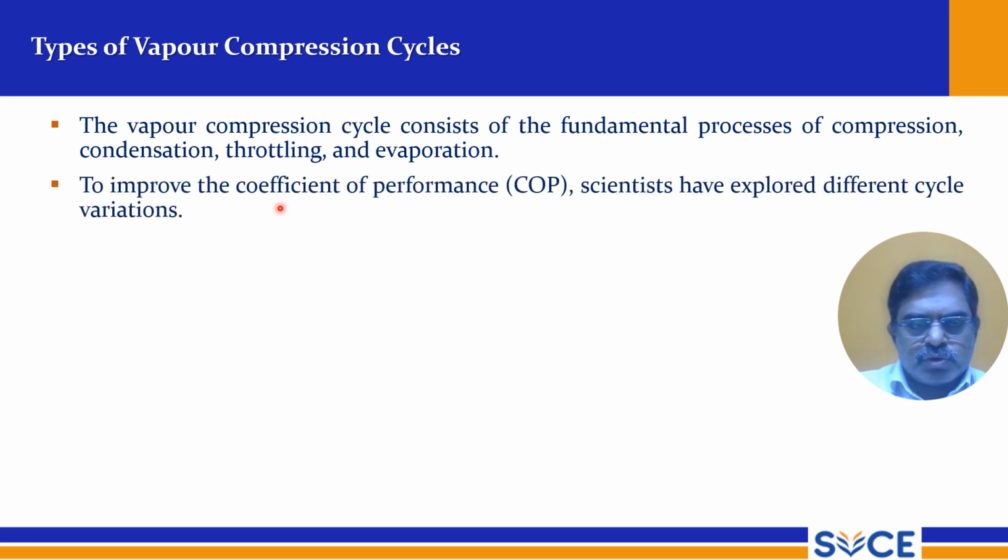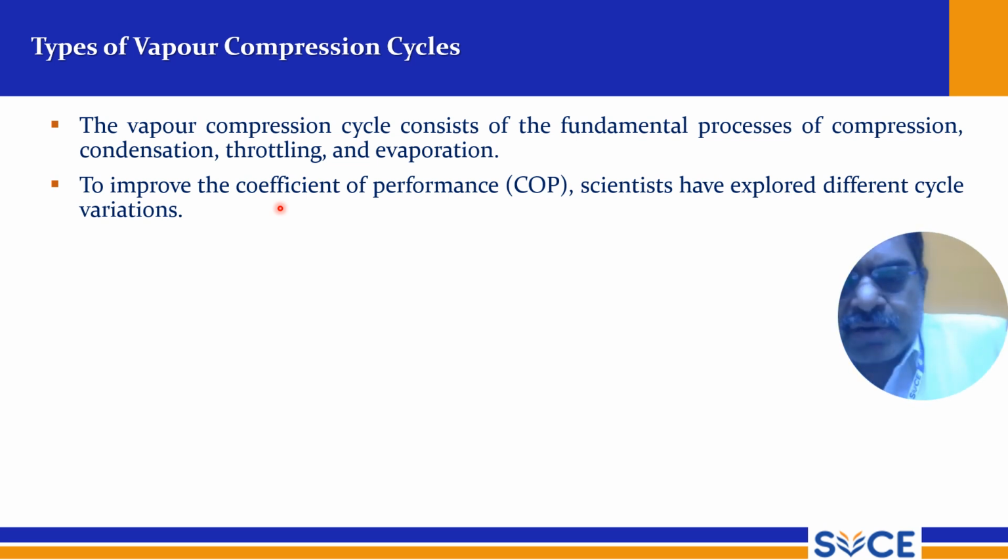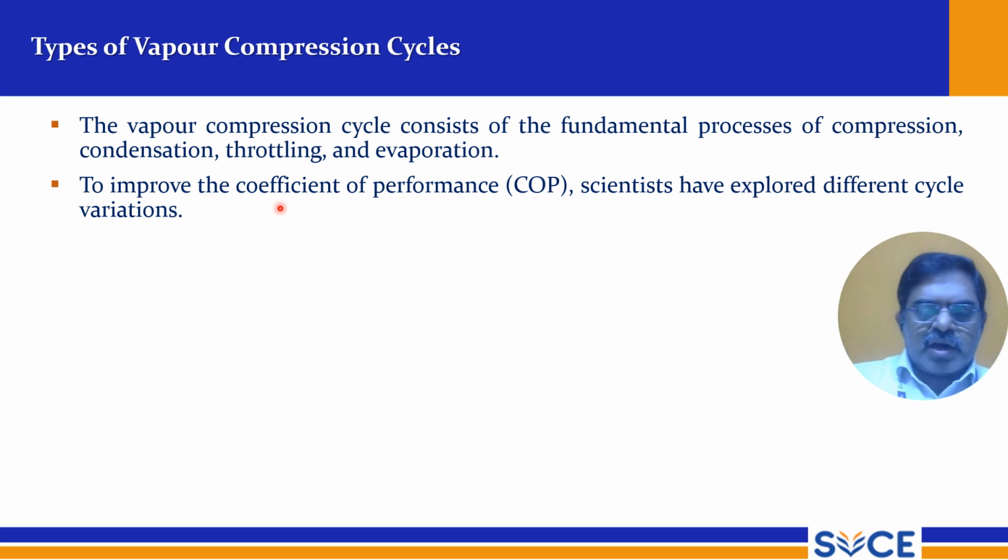expansion. And to improve the coefficient of performance, that is COP, scientists have explored different cycle variations. These variations are made by changing the working parameter. It can be anything, and there are many working parameters. Accordingly, we can classify the system.